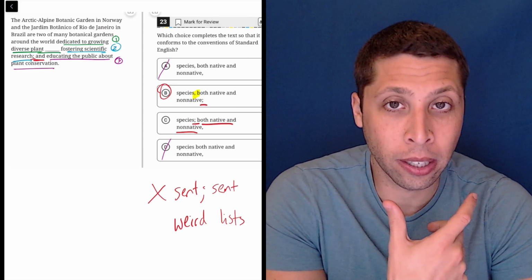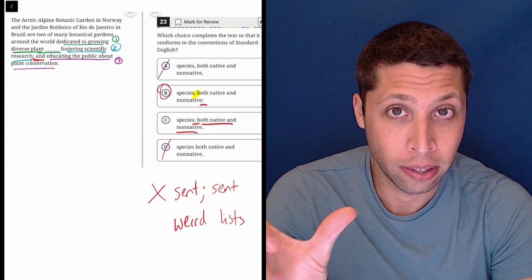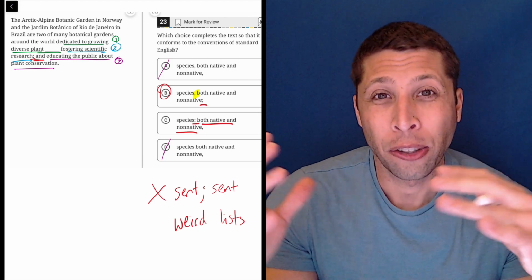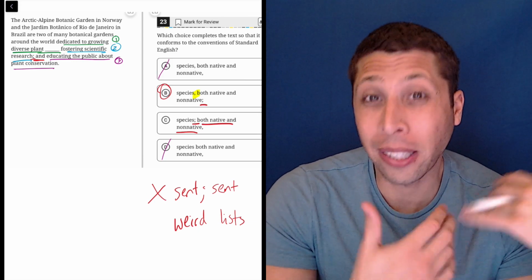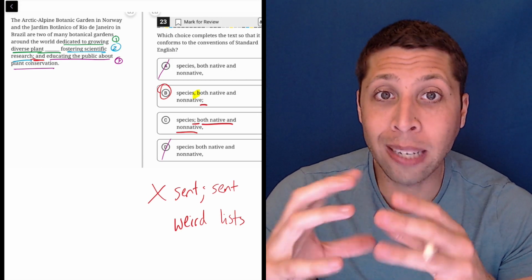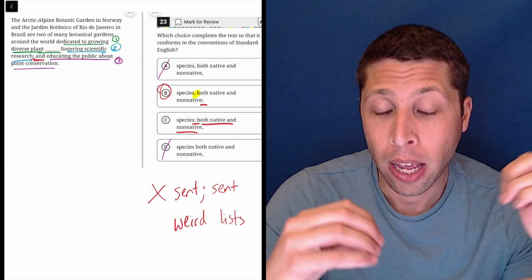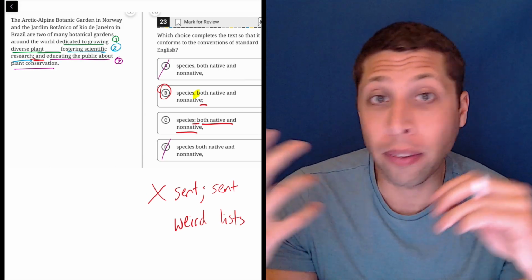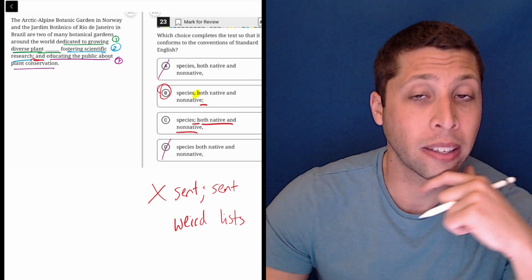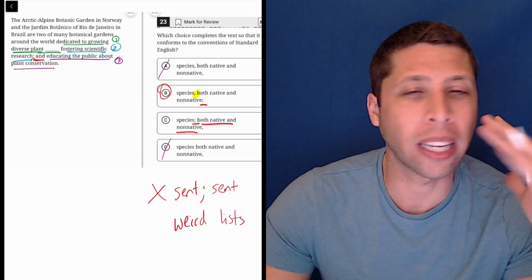But what they're doing here is the first piece of the list has a comma inside of it. So to use more commas to separate the other pieces of the list would be confusing. We'd get confused where item 1 and item 2 shifted. And so people might even think that there are 4 items, because there'd be 3 commas, so we'd think, oh, that's 4 different pieces of this list, and one of them would sound weird, so we'd get confused.